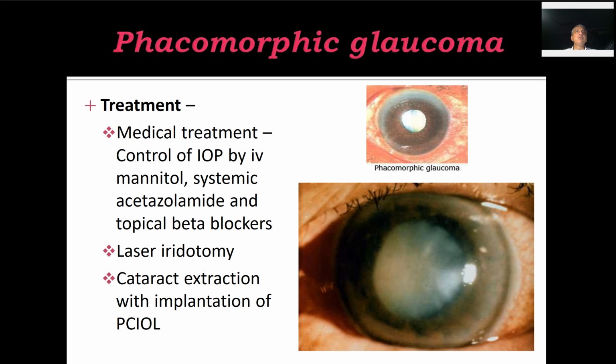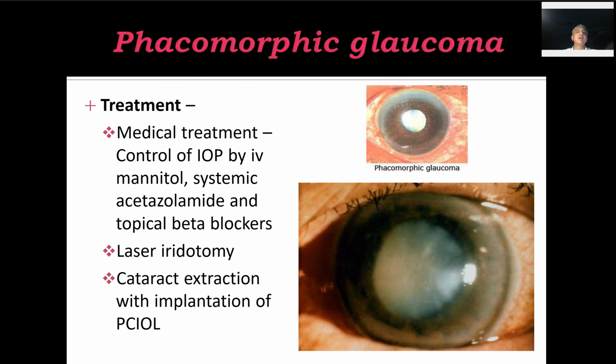The treatment obviously is medical treatment. You control by intravenous mannitol, systemic acetazolamide, and then you give them topical beta blockers. Topical pilocarpine is controversial. Some people will use it, especially I think it's important in early stages when the attack has just started.